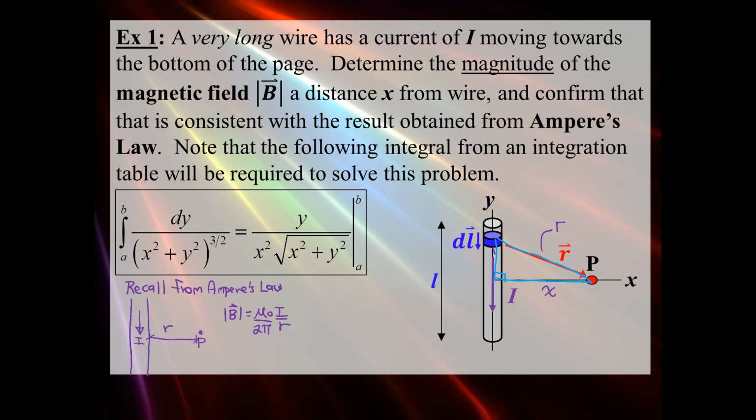And this vertical length I'm going to call y. Now, that's a variable because depending on which differential element you look at, y is going to vary. But we can at least write down a few equations here for what r and r squared would be. So r squared would be equal to x squared plus y squared.